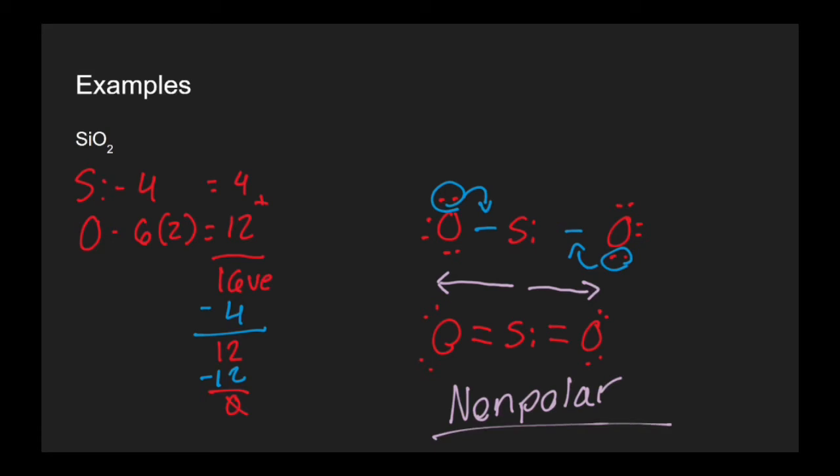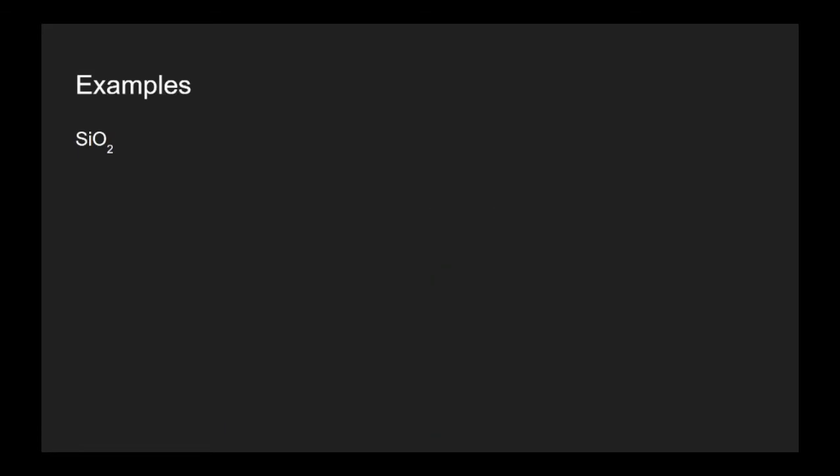All right, let's go ahead and take a look at another example. All right, so we have our Br2. So we're going to draw that structure. And for time's sake, I'm going to just draw it out.